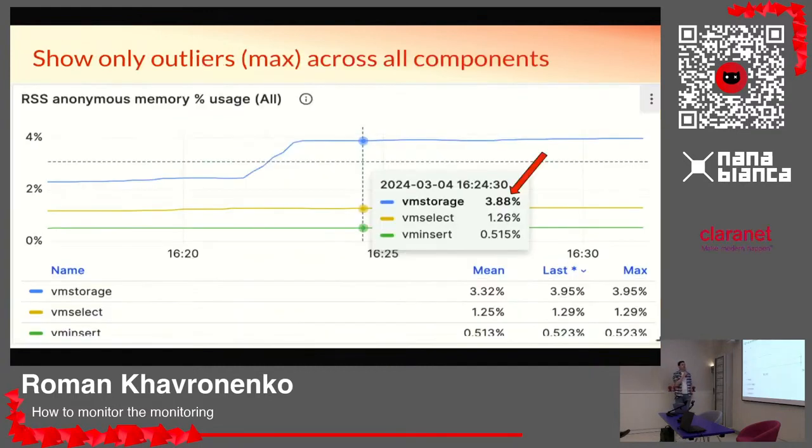Another thing, resource saturation. Here are 2 important things. First, a VictoriaMetrics cluster consists of these 3 components, and each component can be represented by an arbitrary number of instances. You can have 20 storages, 50 VM selects, 10 VM inserts, etc. But here on the graph, we show only 3 lines. We select only those components which are the outliers, which have the max saturation.